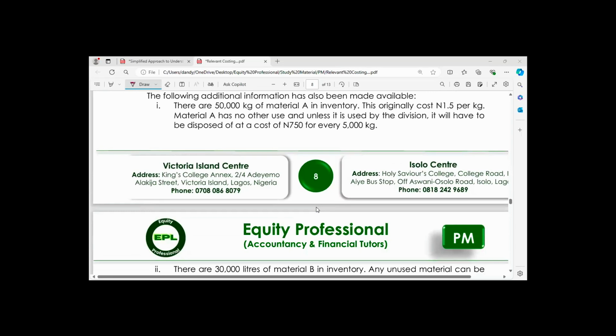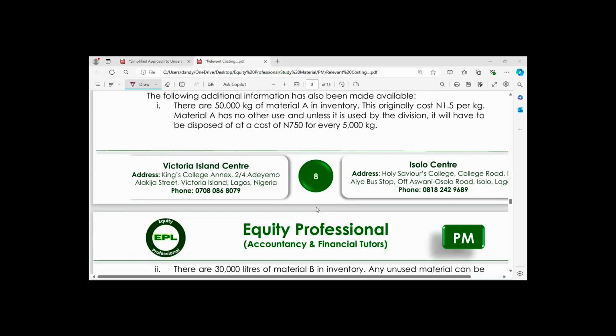These originally cost 1.5 naira per kg. Material A has no other use, and unless it is used by the division, it will have to be disposed of at a cost of 750 naira for every 5,000 kg.